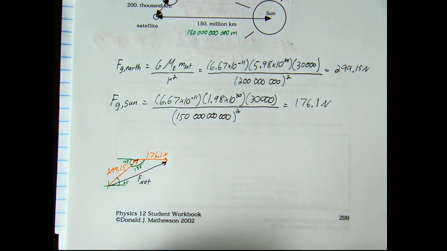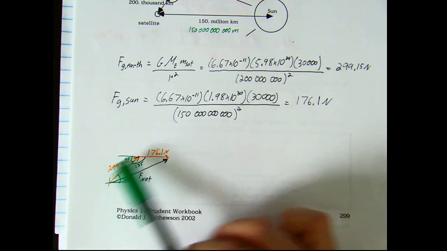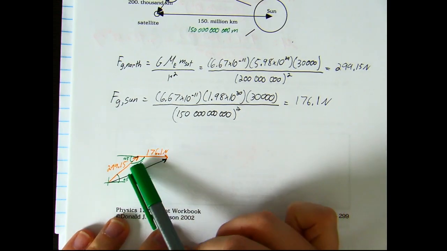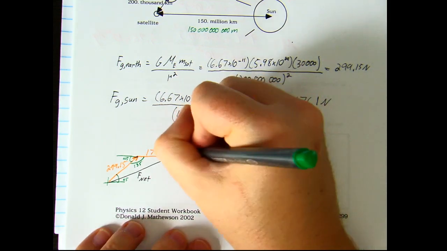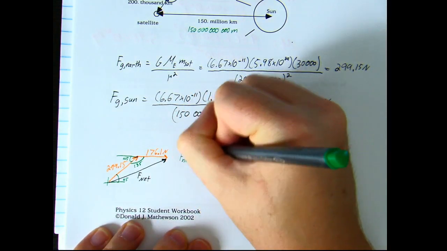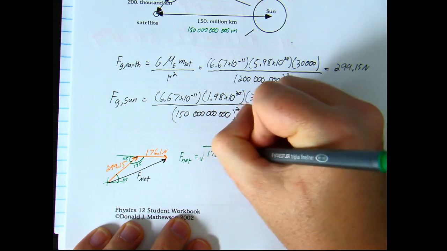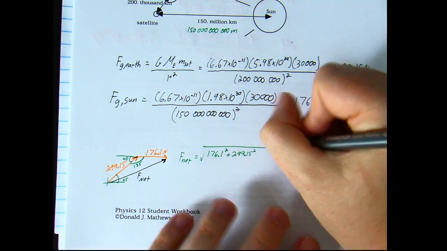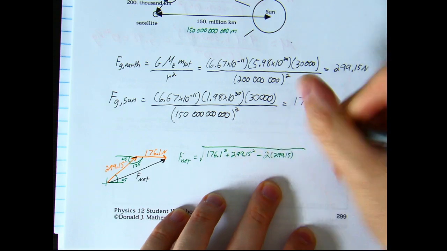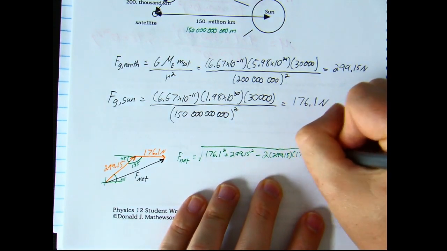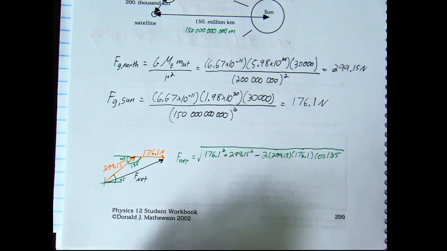So now I can use cosine law using these two sides and that angle to figure out what F net is. F net is going to equal the square root of 176.1 squared plus 299.15 squared minus 2 times 299.15 times 176.1 times the cos of 135.